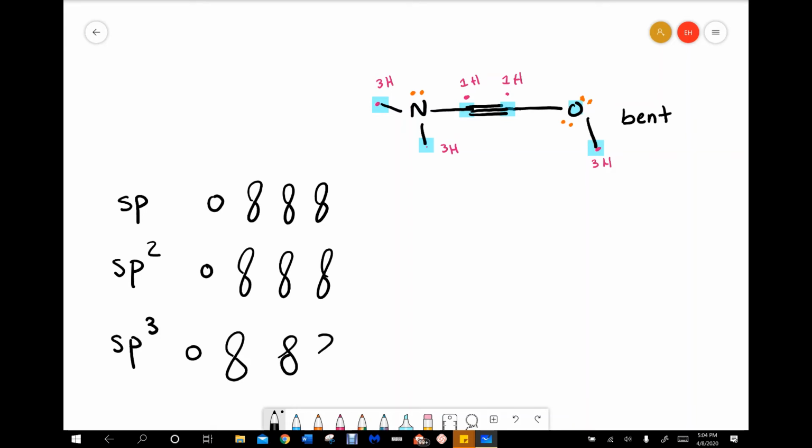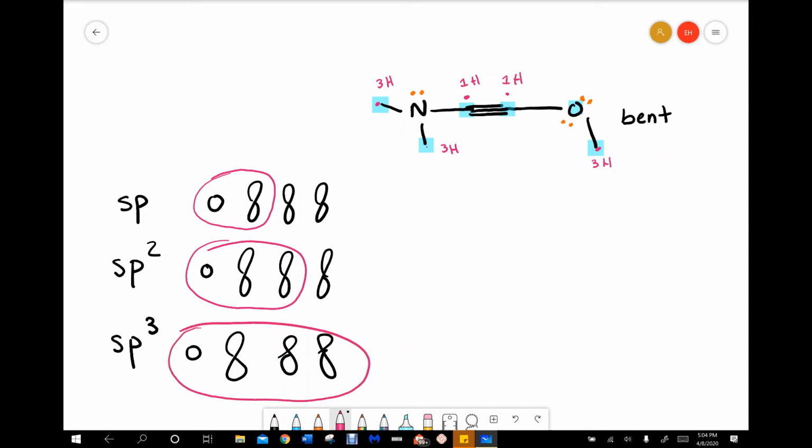Okay, draw those in there. So for sp hybridization, you're taking 1 s orbital and 1 p orbital and mixing them. For sp2, you're taking 1 s orbital and 2 p orbitals, mixing those all together. And then for sp3, you're taking the s orbital and all 3 p orbitals and mixing them together to generate new hybrid orbitals that look like partly s and partly p.